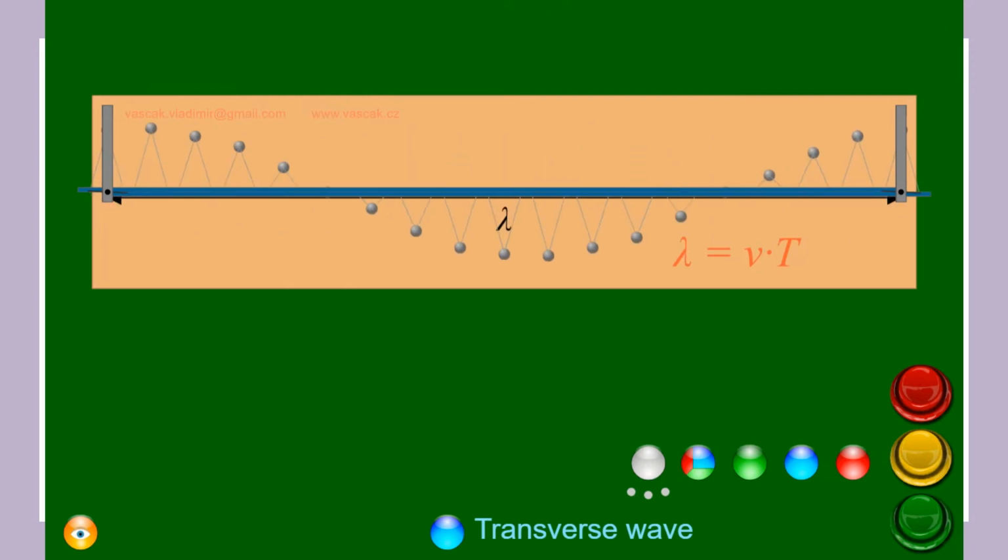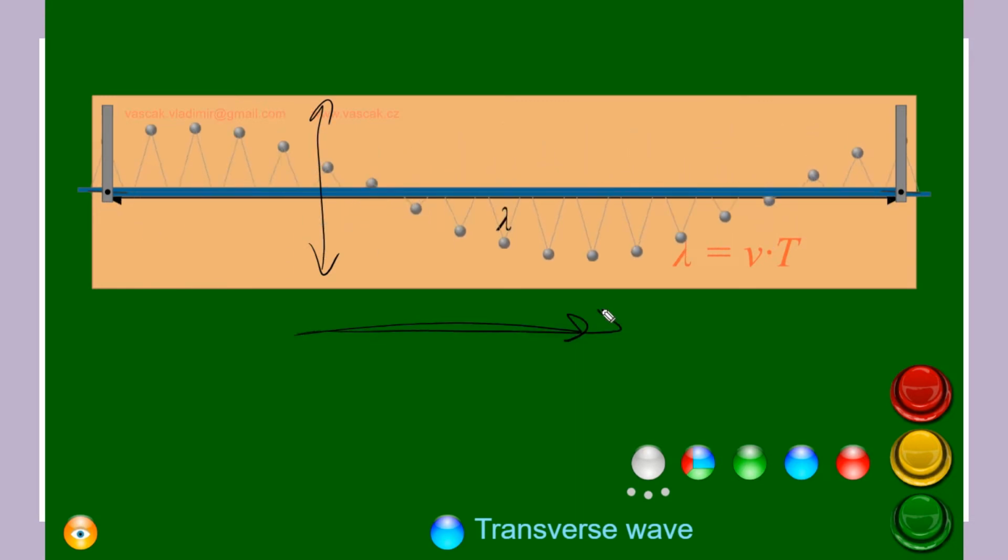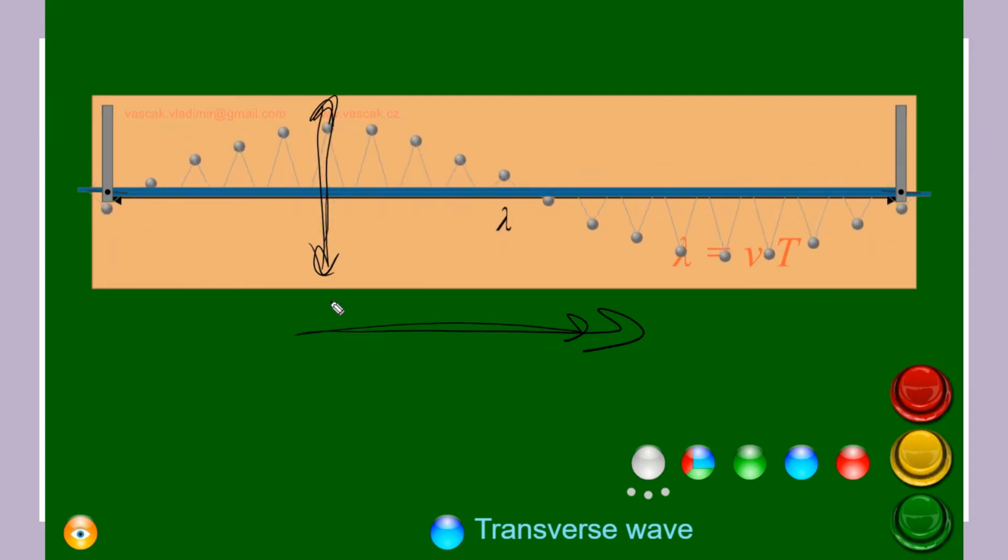You can see how they are moving perpendicularly to the direction of propagation of the wave. So the wave is moving this way, but the particles are going up and down. Does this remind you of a certain thing? It is like the wave that people do in stadiums, right? When you stand up and then sit down, and then the person next to you stands up and sits down, you create a wave.